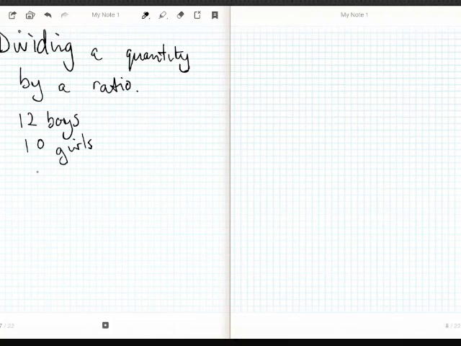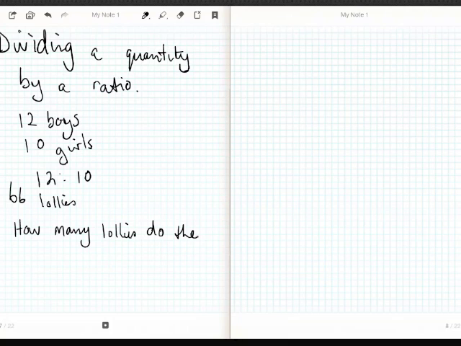So therefore we had a ratio of 12 to 10. Now let's say we had 66 lollies in the class. What I want to know is how many lollies do the boys get and how many lollies do the girls get?